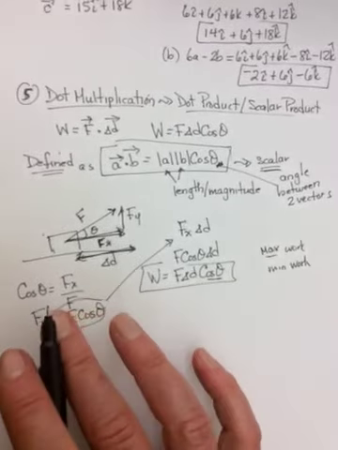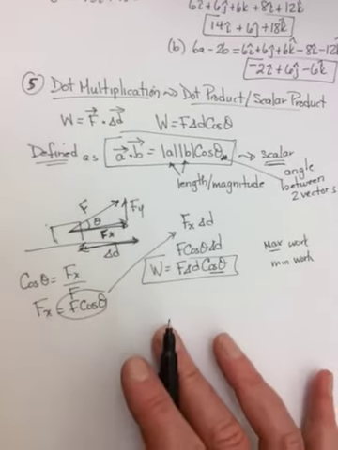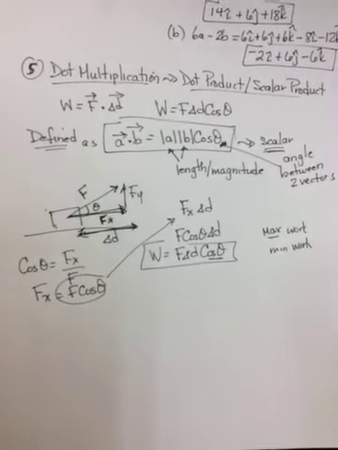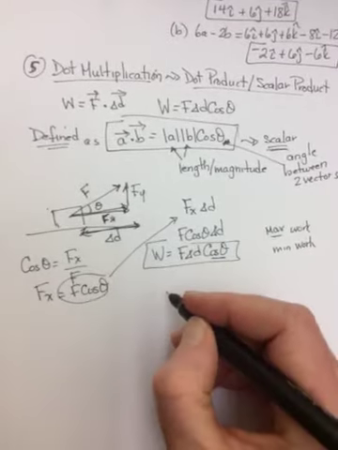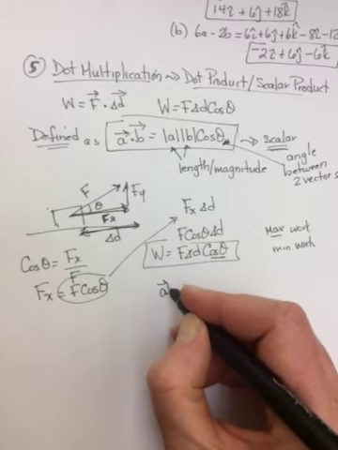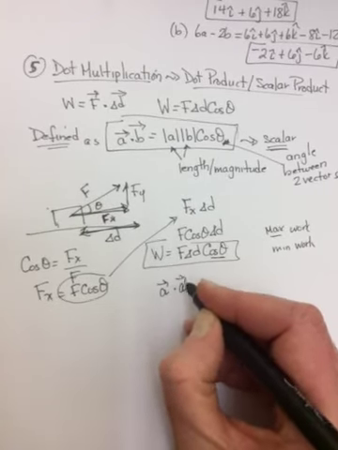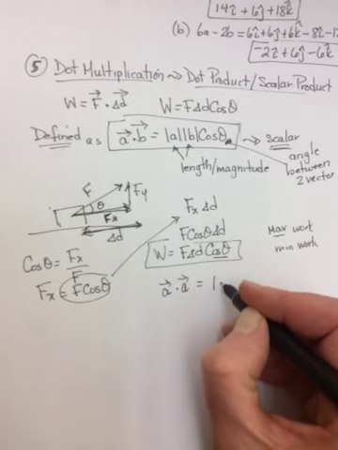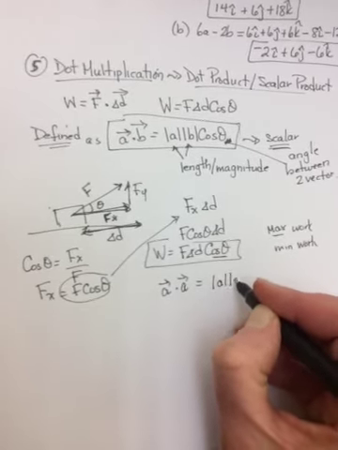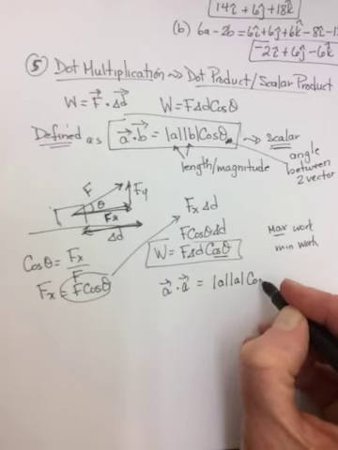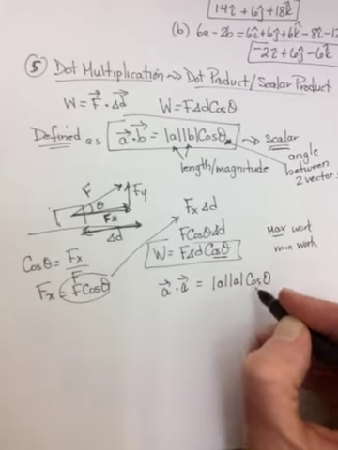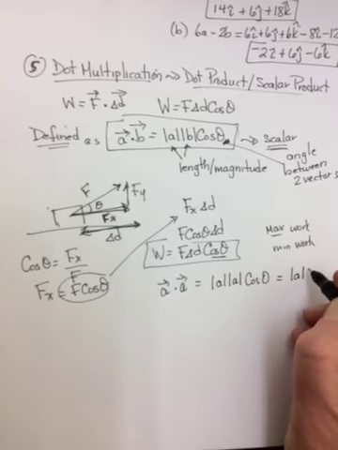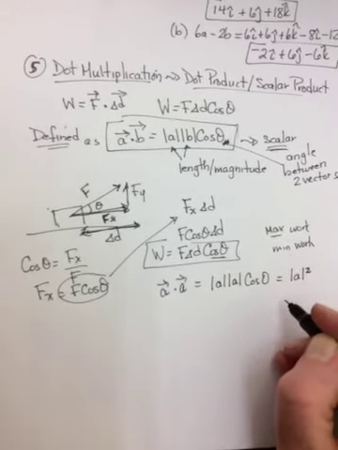If we think about that with regular vectors, when we do A dot A, they're going in the same direction, so we get the absolute value of A times cos of 0, and cos of 0 is 1, so this will just be the absolute value of A squared.